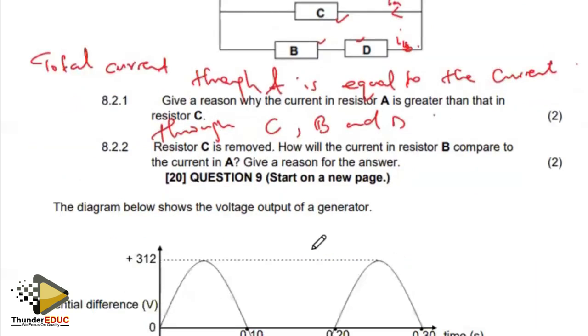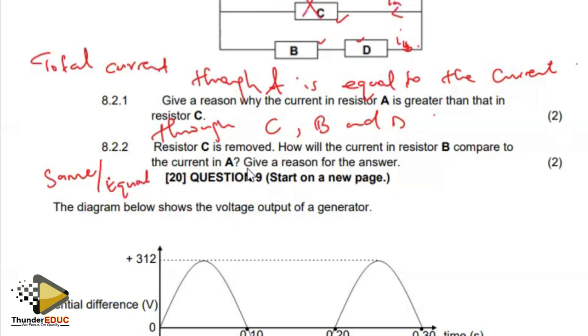Then 8.2.2, resistor C is now removed. How will the current in B compare to the current in A? So the answer is going to be the same. Or you can tell us it will be equal to each other. Why?